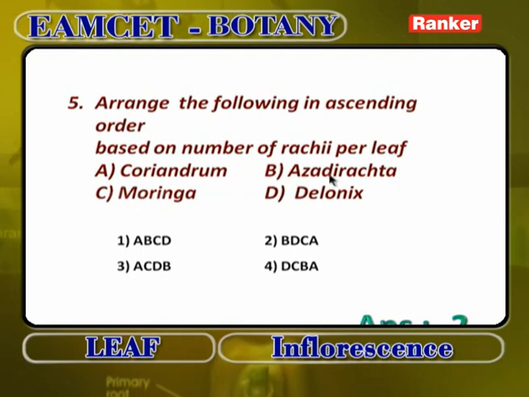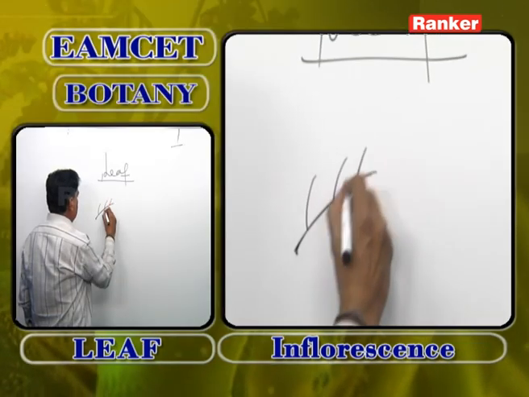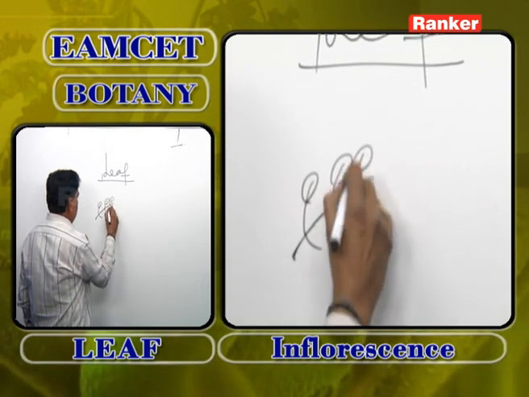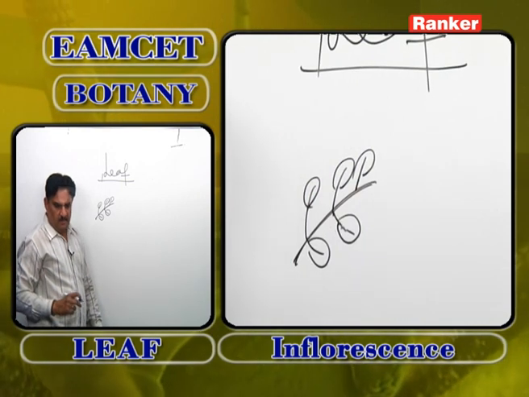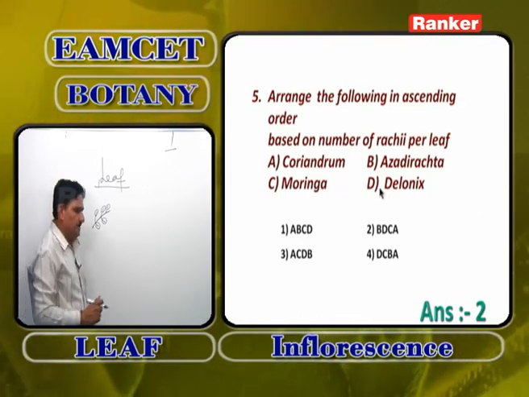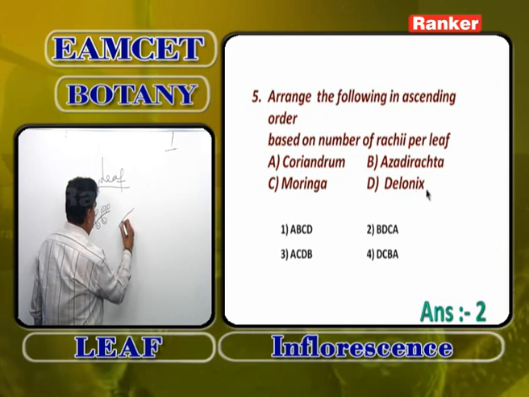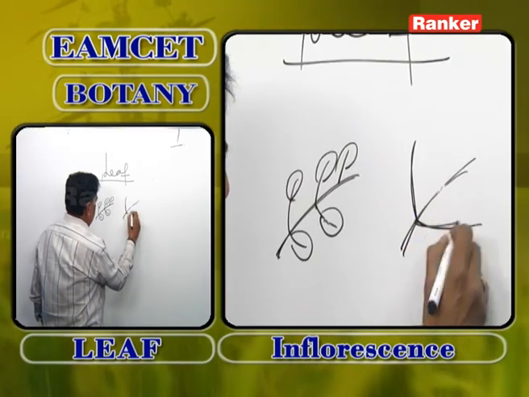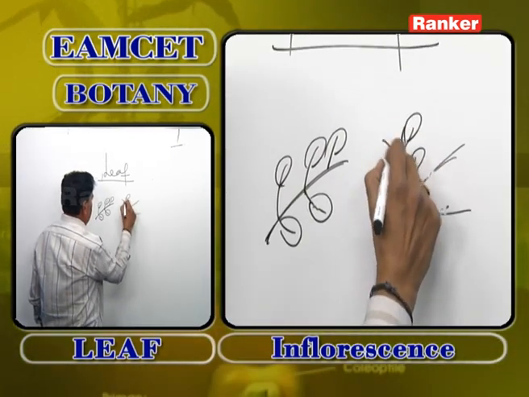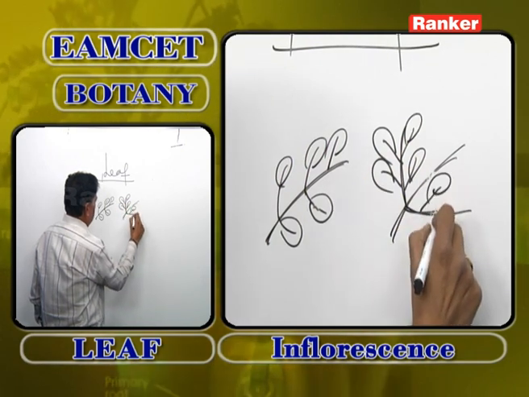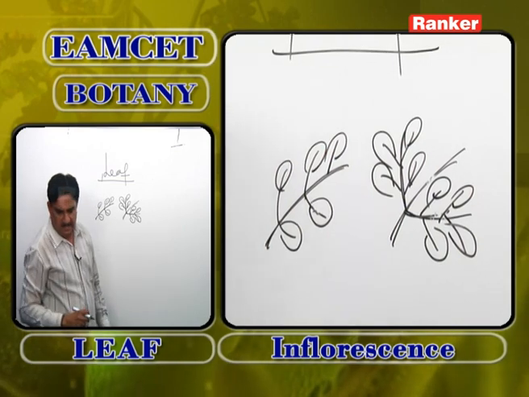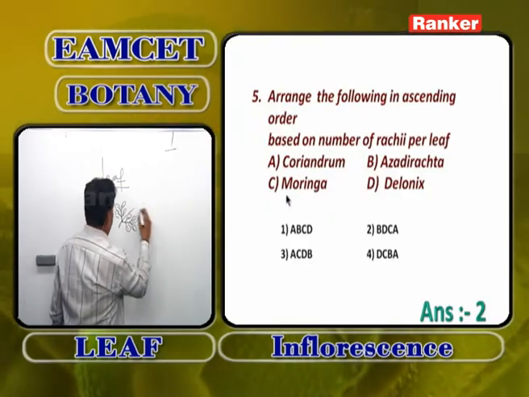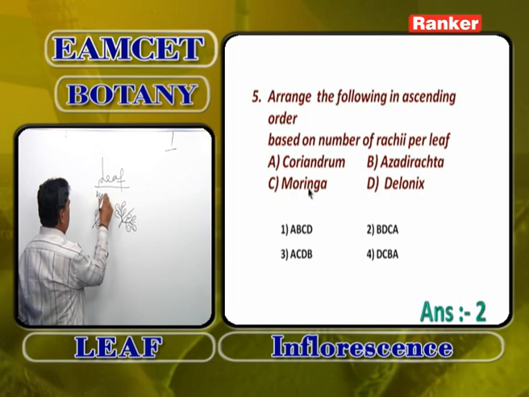Then second is Delonix, where the primary rachis produces secondary rachis, and on both sides of the secondary rachis, leaflets are arranged. Next is Moringa. So this is Azadirachta, neem.